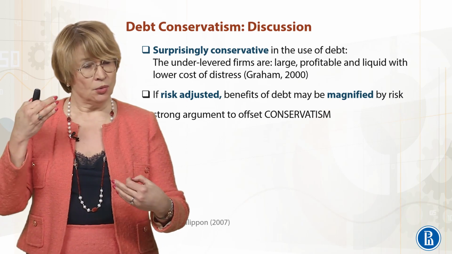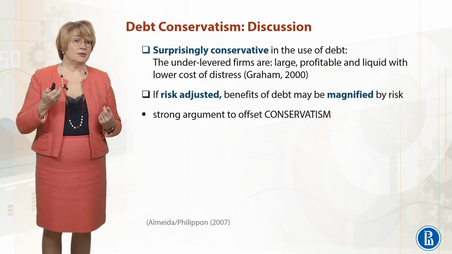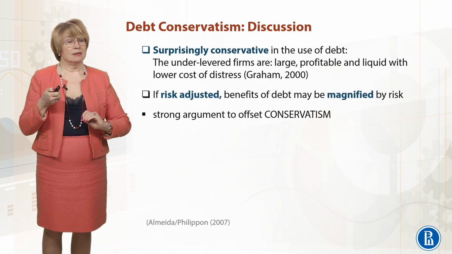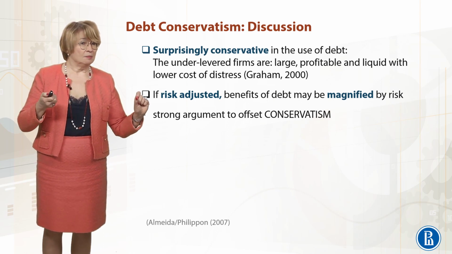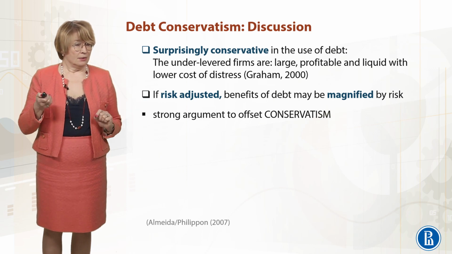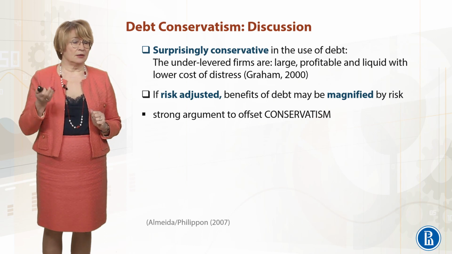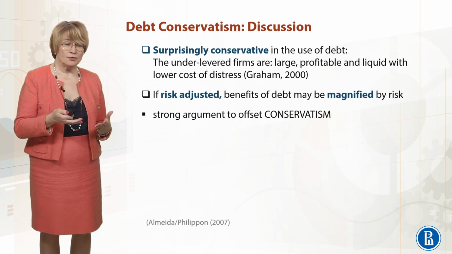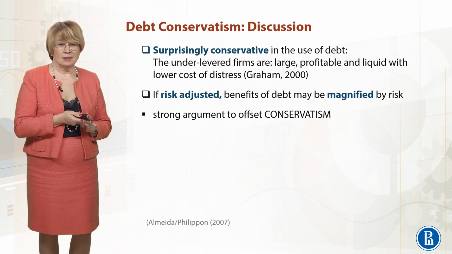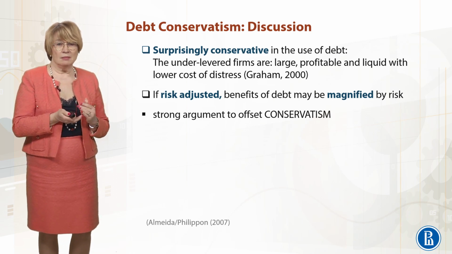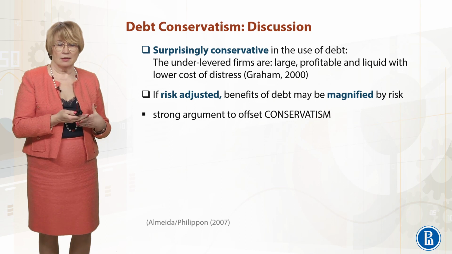But we also showed that the size and the profitability have a statistically significant positive relationship with the leverage coefficient in empirical research of the first type, which looks for the determinants of the leverage in the samples under study. So Graham wrote a paper showing this is a surprisingly conservative approach.